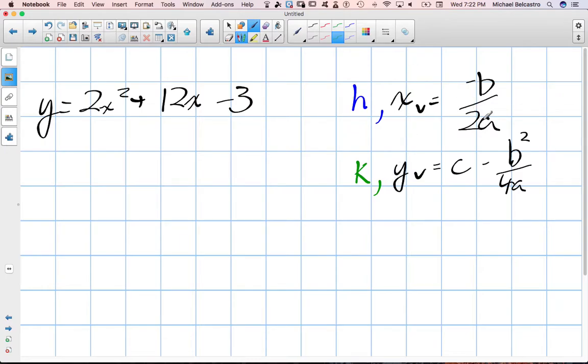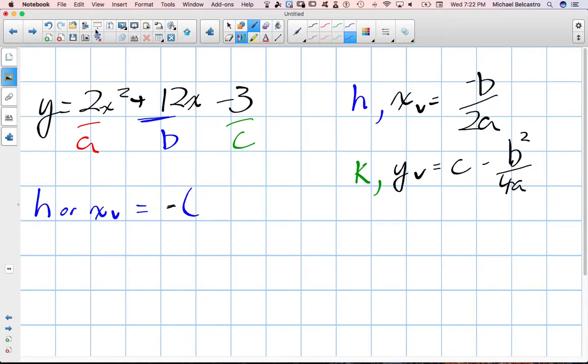So if I want to find the h value, I can actually just plug into a formula. In fact, I'll say h, or x value of the vertex, is equal to negative b. And remember, we have to decide what these values are. And this is c. Well, our b value is 12, so I'm going to say negative 12.